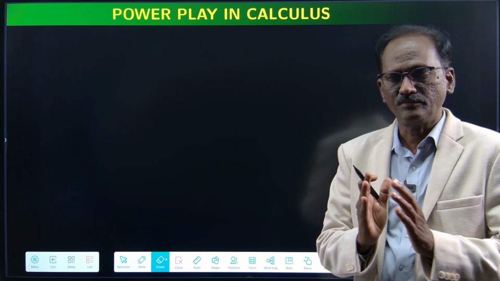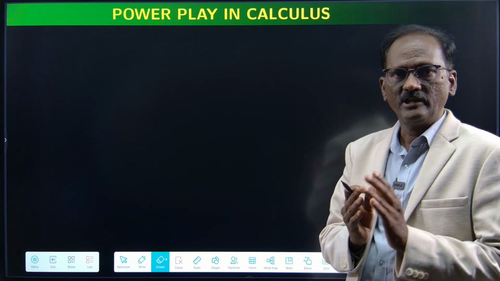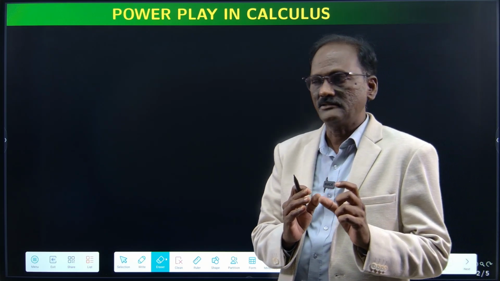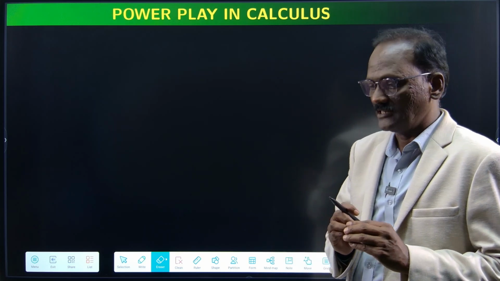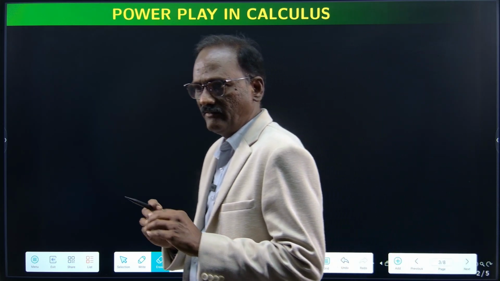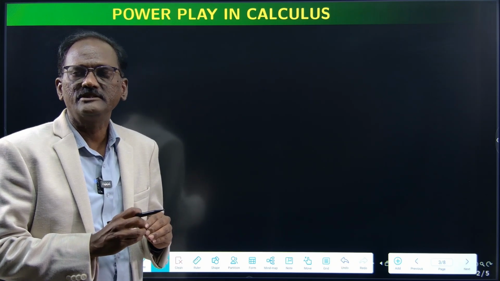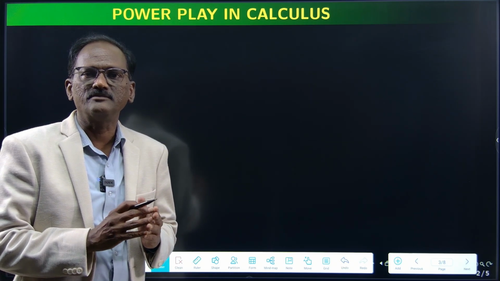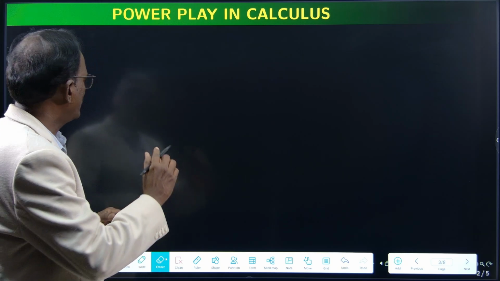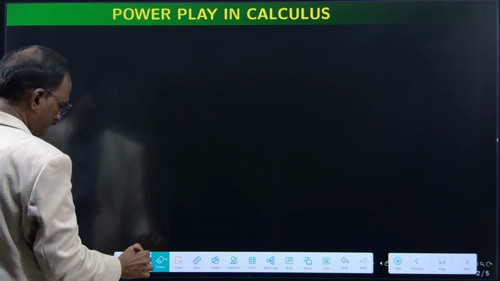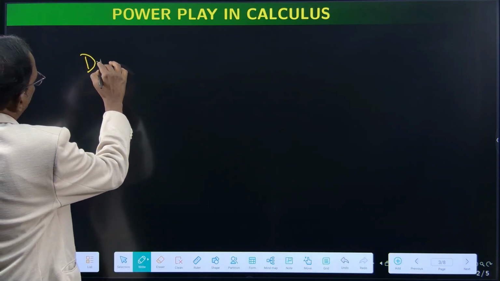So a concept from the basic mathematics part is to be discussed in this class. This is a very fundamental topic, but learning this topic will be very useful for us to solve problems in physics. One is from differentiation and another is from integration.